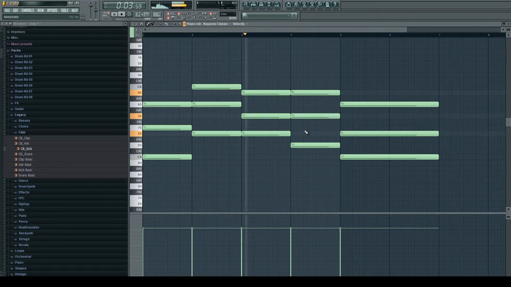Now there's a reason for that. See? That's because a G major doesn't have a lot of tension as opposed to a diminished chord. There's that tension and then there's that release.